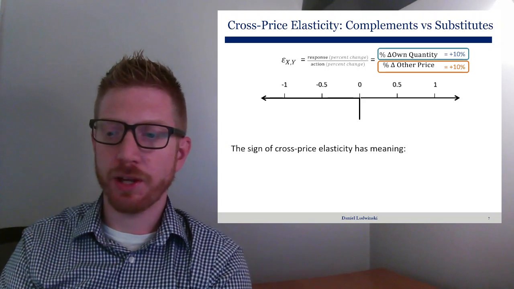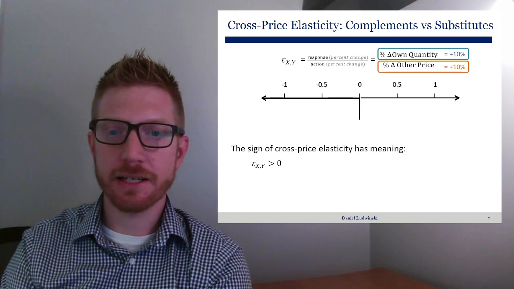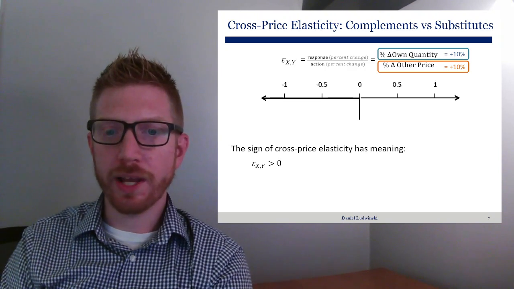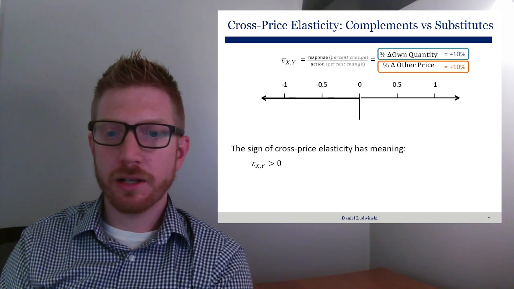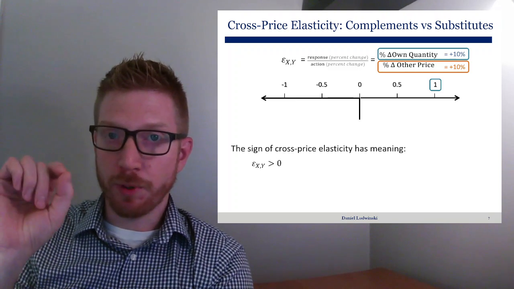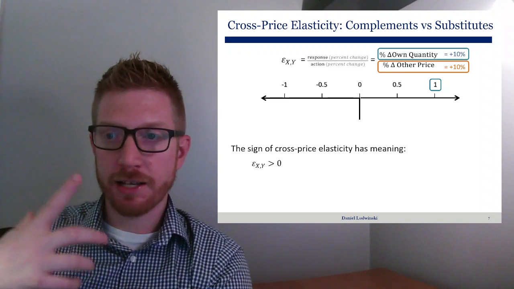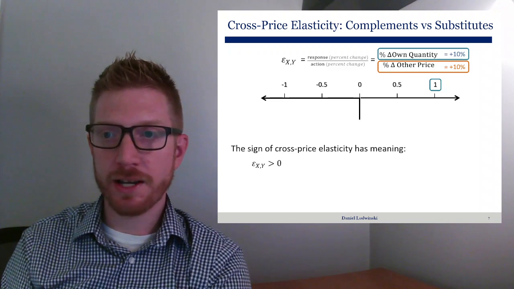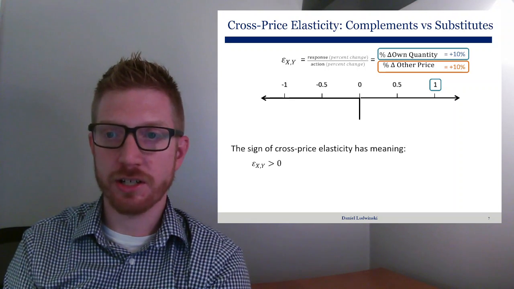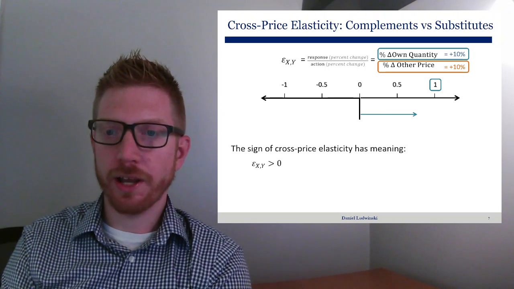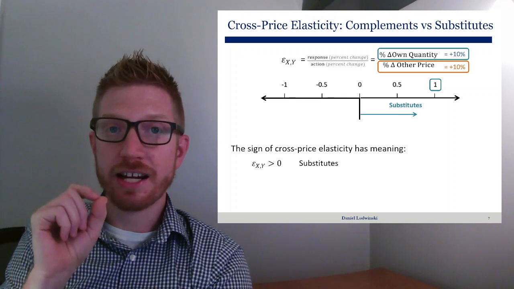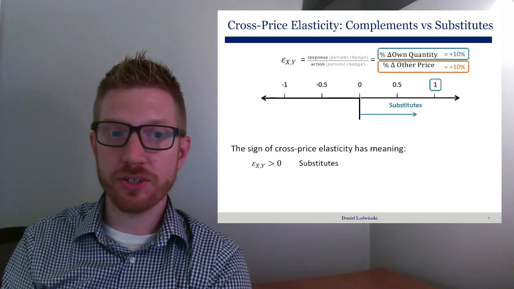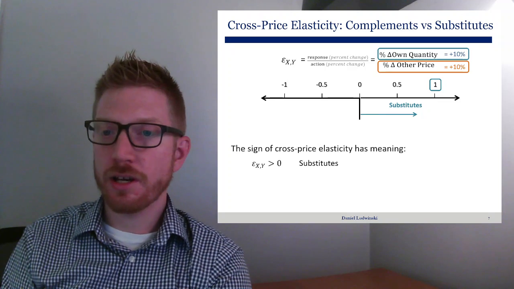So in this example that we're given with coffee and tea, we have an elasticity that's greater than 0. In particular, with a positive 10% change in price and a positive 10% change in own quantity, we have a positive elasticity of 1. This is actually telling us that these goods are substitutes.